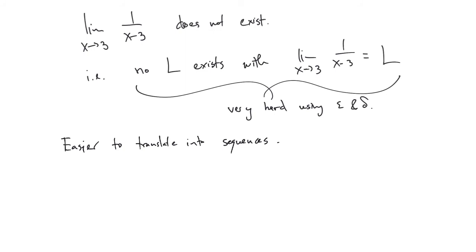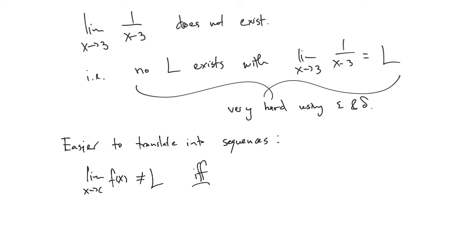Remember, the limit of a function existing is the same as saying the limit exists when you take all sequences of x's which approach c, and the limits of the f of x's approach L. So I'm going to say it this way. If you say the limit as x goes to c of f of x does not equal L, this is the same as saying, and I'm going to write the opposite of the big theorem that I wrote at the beginning.